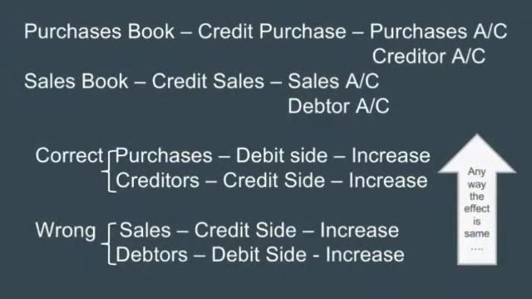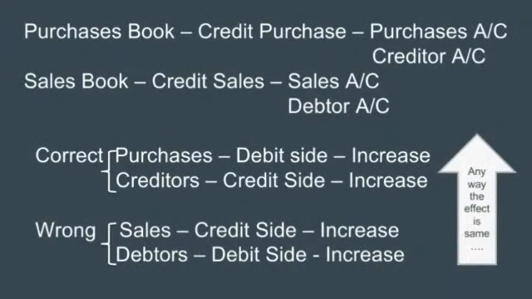Similarly, in the sales book, the sales account has a credit side balance and the debtors account has a debit side balance. So when a transaction is entered correctly in the purchases book, the purchases debit side will increase and the creditors credit side will also increase, because you have to pay the creditor. So the creditor's balance will increase by the respective amount.